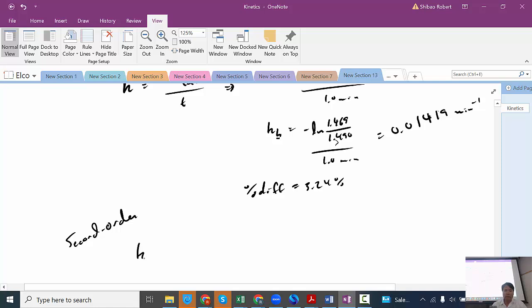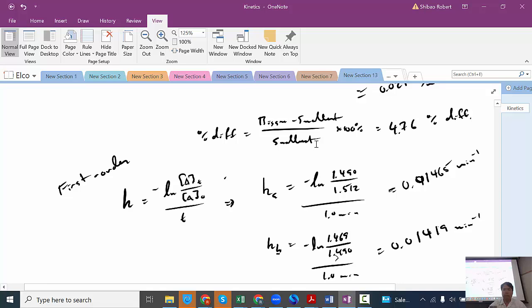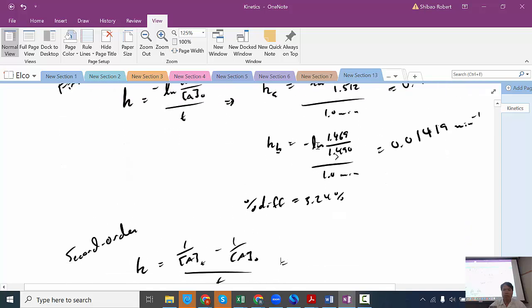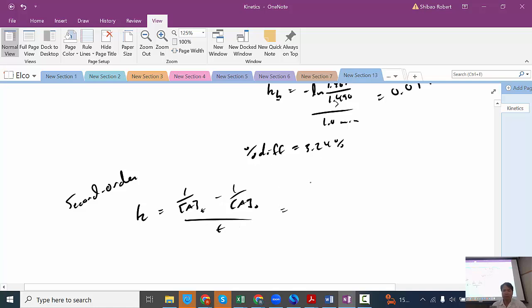Now for second order, the K is going to equal 1 over A at time t minus 1 over A at time 0, divided by the time t. And so for segment 1, it's going to be 1 over 1.490 minus 1 over 1.512, divided by 1.0. The units here are molar to the minus 1, minutes to the minus 1.